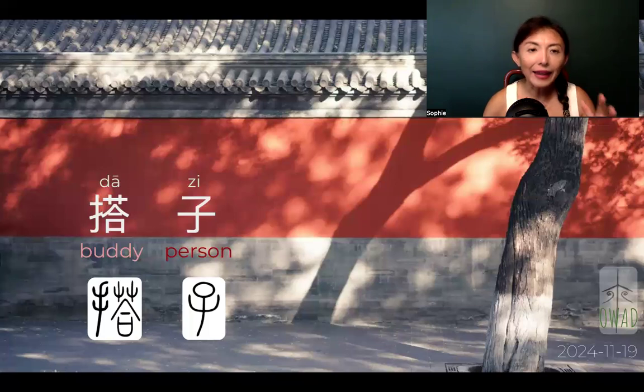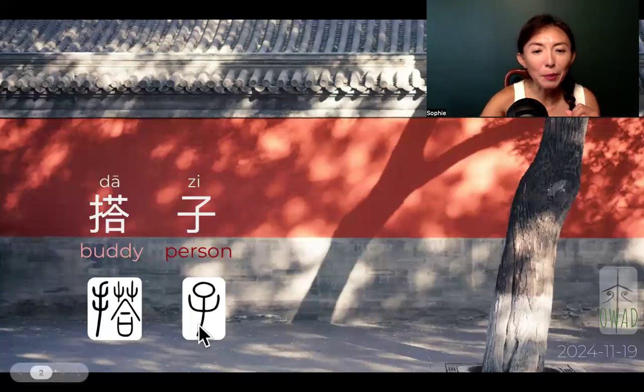In this context, it is somebody you're reaching out to do things together with, and it's your buddy. And this, which I translate as a person, in ancient Chinese is a baby symbol: big head, two arms reaching up, only the torso, no legs yet.